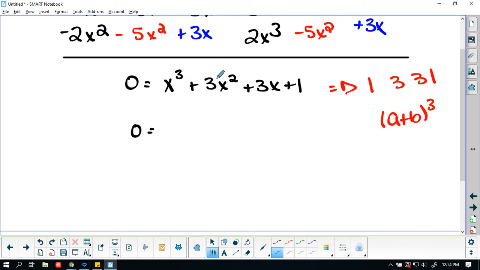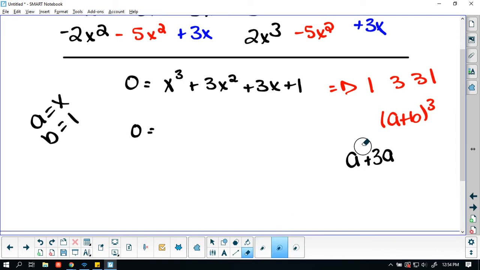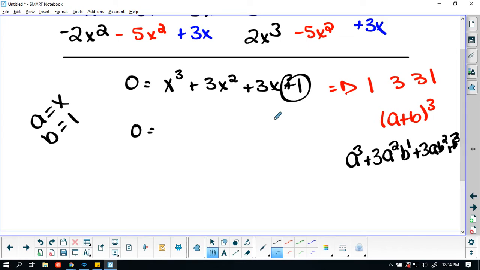So here we have the 1, 3, 3, 1. My a must have been x because x cubed, so we count down on x. And my b, I'm going to say is 1. Because if I think of this as a cubed plus 3a squared b plus 3a b squared plus b cubed, and b cubed is 1, which means b had to be 1.